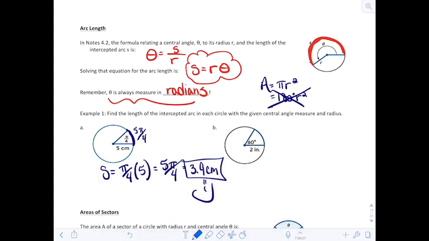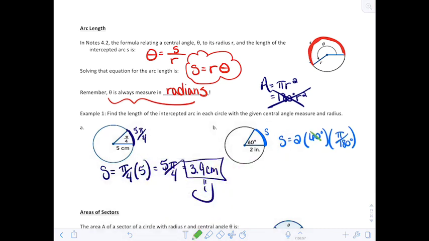All right, let's look at letter B. So in letter B, we have 60 degrees and we have 2 inches, and we want this arc length. So I know that S is equal to the radius times theta, but 60 degrees is not acceptable. We need to change that. So if you don't already know that 60 degrees is pi over 3, we can use that unit conversion, pi over 180, to change it.